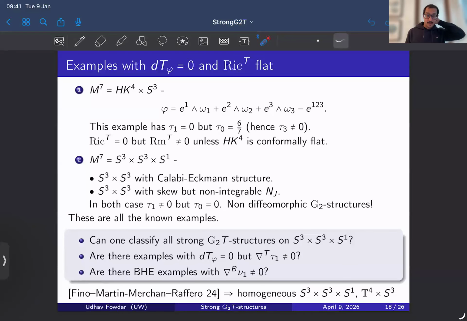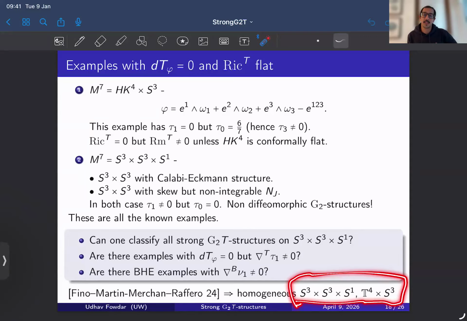Here are some interesting questions that one can ask. Can one classify all possible strong G2 structures on S3 cross S3 times S1? In this case, we saw there are at least two different G2 structures which are strong. In fact, there was the work that I mentioned earlier in Viviana's question by Anna Fino, Lucia Martín-Merchán, and Alberto Raffero that says that if a manifold admits a strong G2 structure with torsion, then it has to be either S3 cross S3 cross S1, or S3 cross T4.